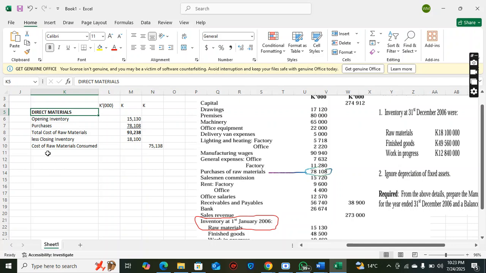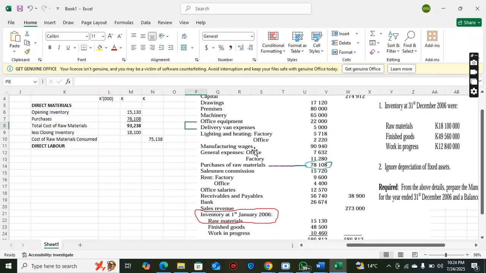Okay. We go to the next subsection, which is direct labor. Do we have direct labor here? Let's see. Oh, manufacturing wages. Yes. Direct labor, manufacturing wages, 90,940.